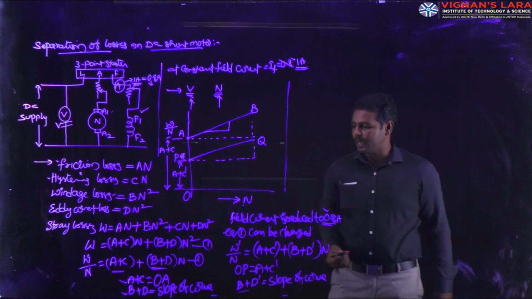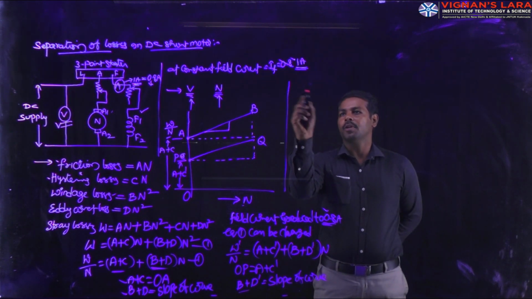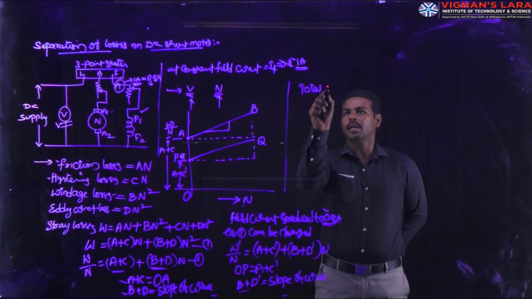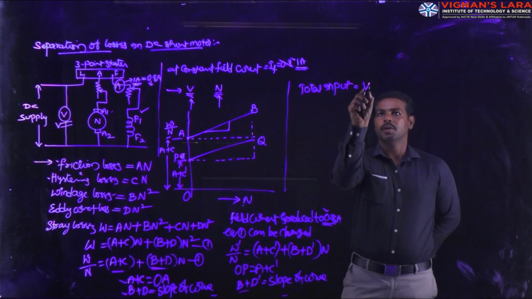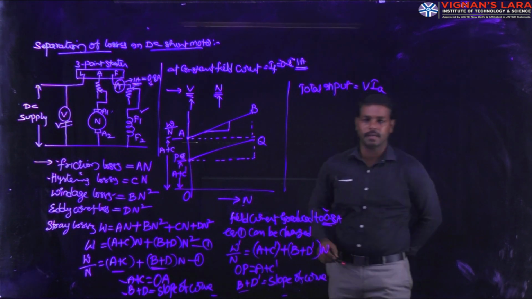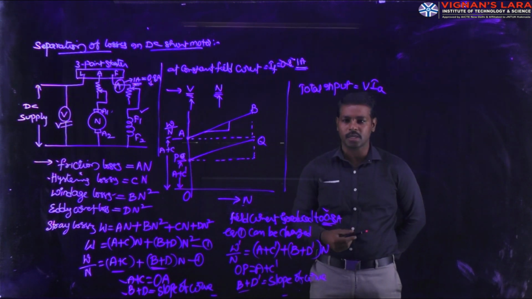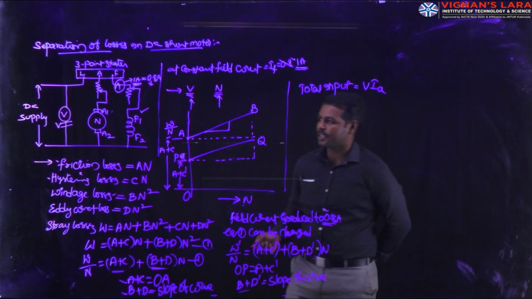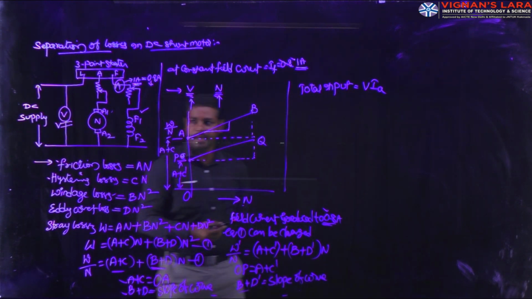So how do we find the losses of a given machine? For example, total input is equal to voltage into armature current. The product of these two must be equal to total losses. The armature also has some resistance, which is exhibited as copper losses.